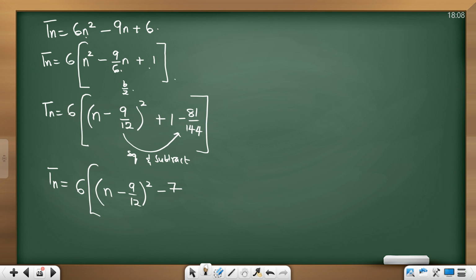It's positive, 7 over 16. Now we are going to multiply our 6 back. So Tn is 6 times n minus 9 over 12, plus 7 over 16 multiplied by 6. I want to show you: 7 over 16 multiplied by 6 will give you 42 over 16. That is 21 over 8.